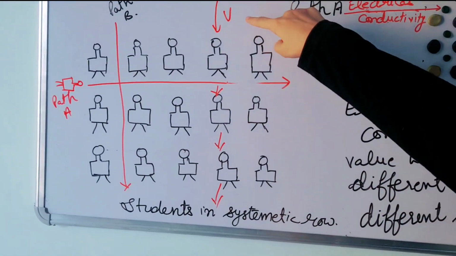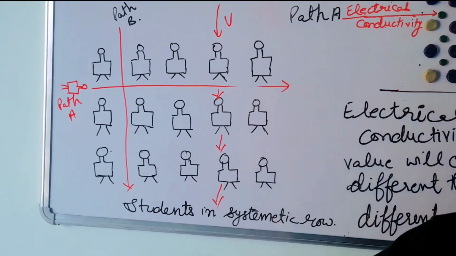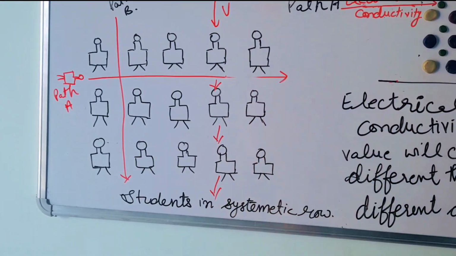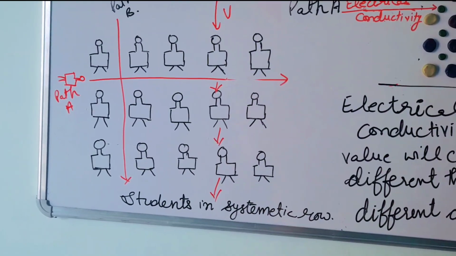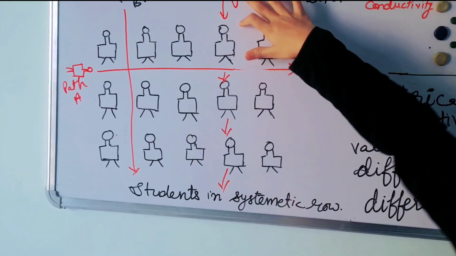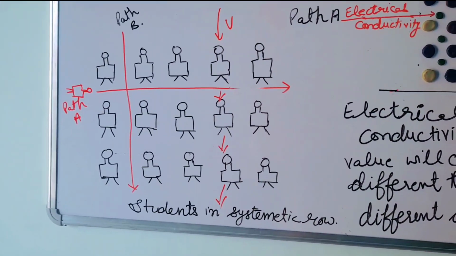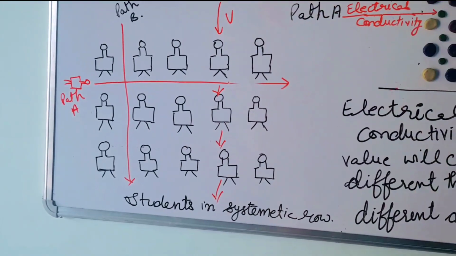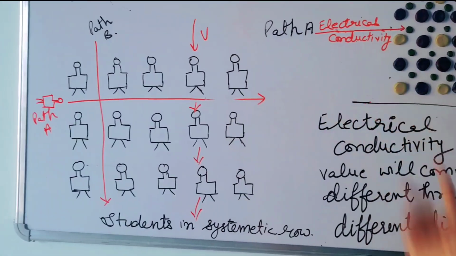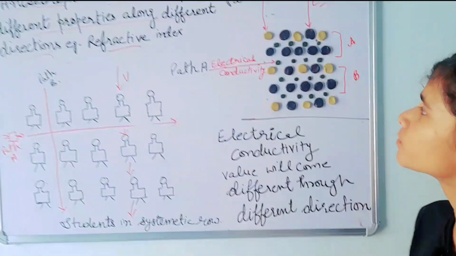But from path C, you can see that after every step we face students. So the time in path C is different from paths A and B, because of the student arrangement.